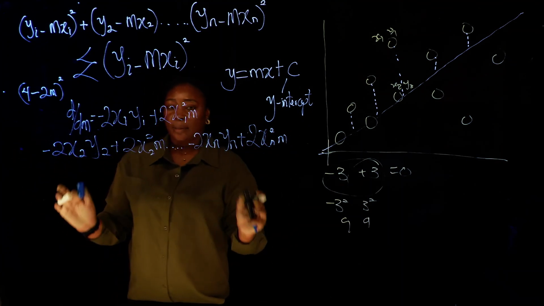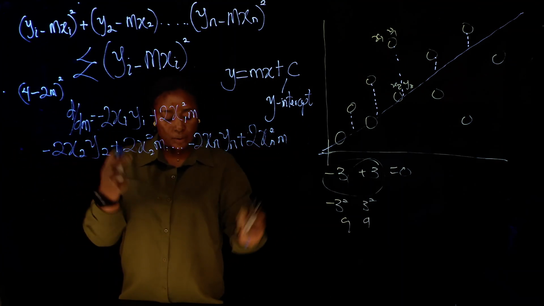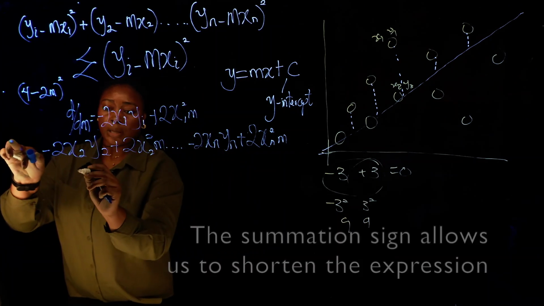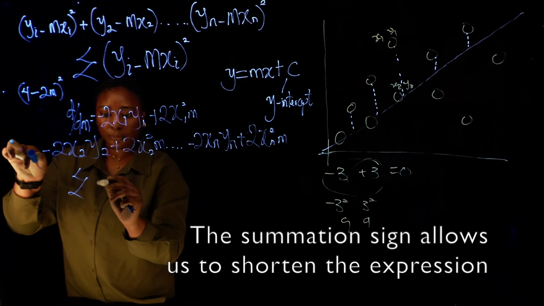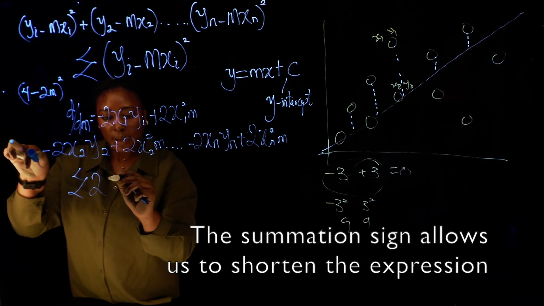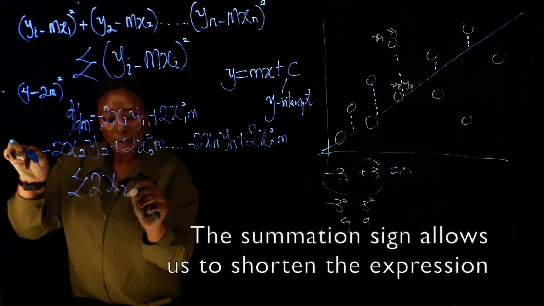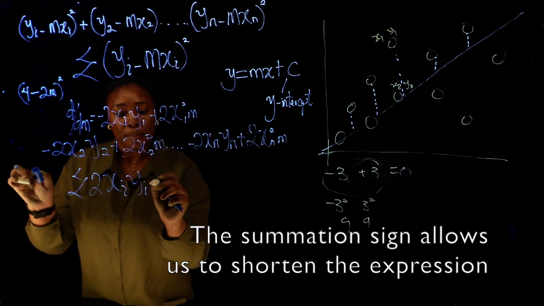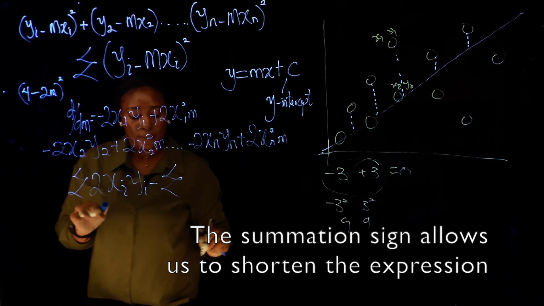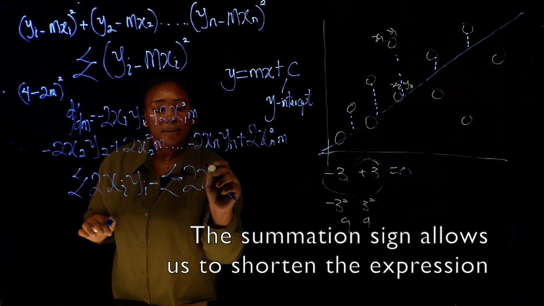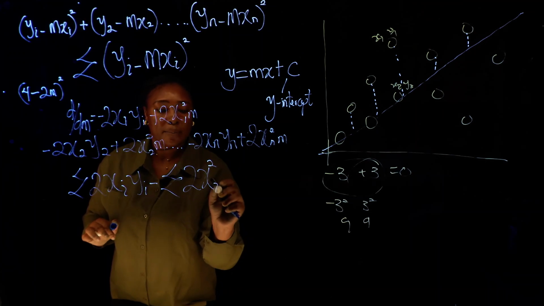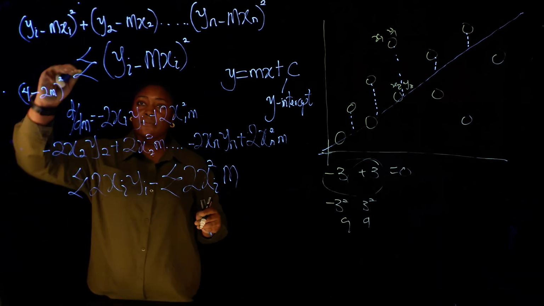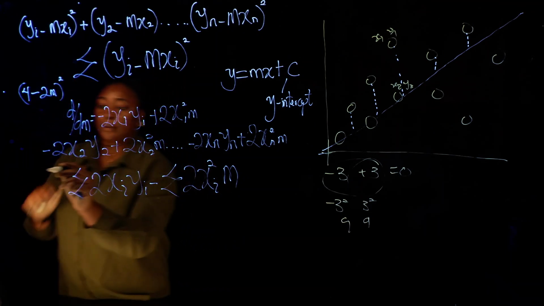Now, you don't bother yourself about this whole expression. All of this will just become minus the summation of 2xi yi plus the summation of 2xi squared m. So now this is the derivative of this function here.